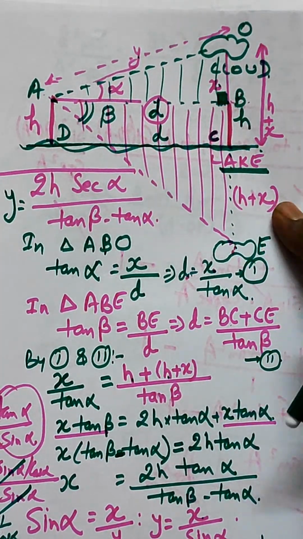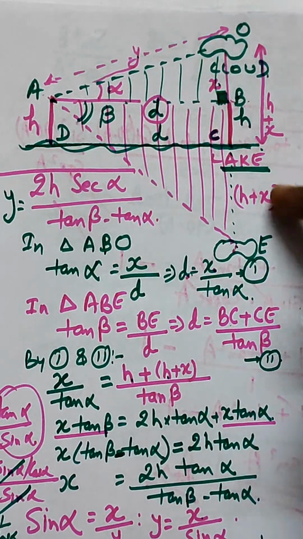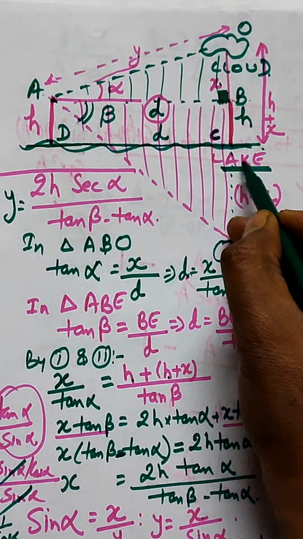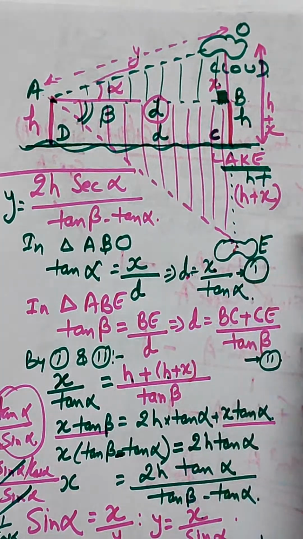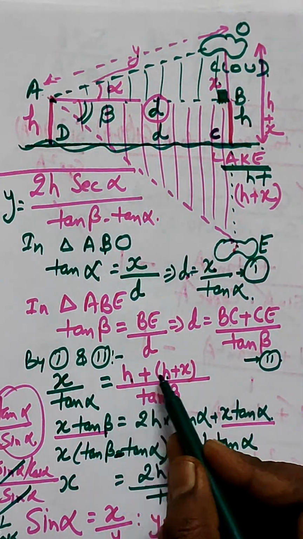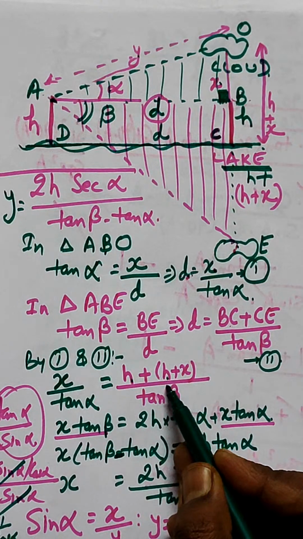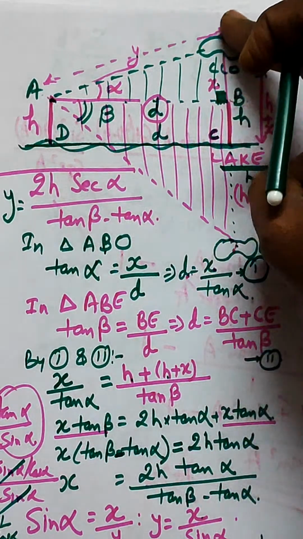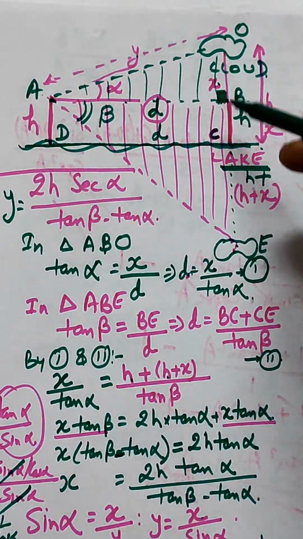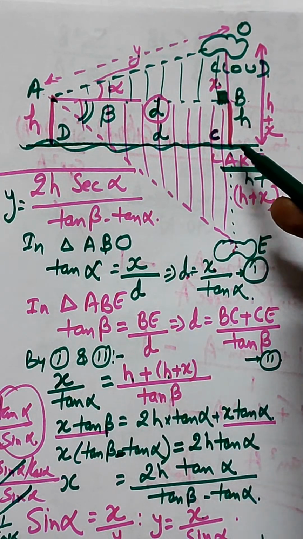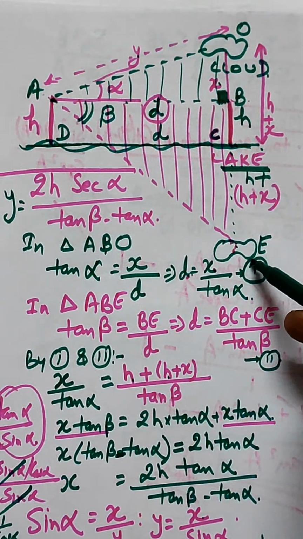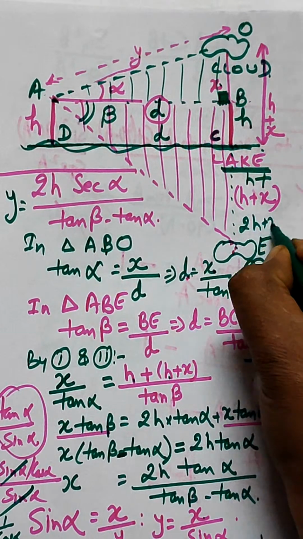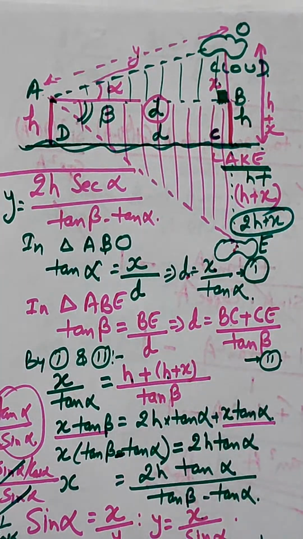But this h plus x will be added with this additional h. So we will be getting 2h plus x as the image distance. When we connect a direct line from the cloud to the cloud image, you can see from the surface of the lake, the image will be at a distance of 2h plus x, right? This is the image distance.